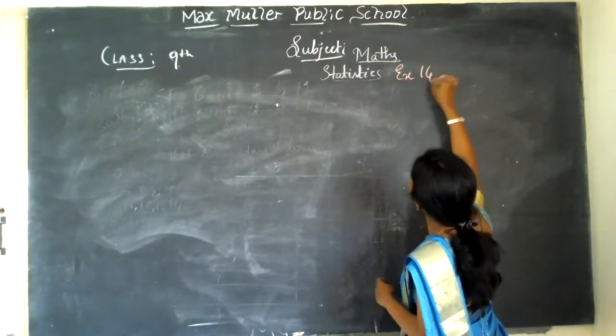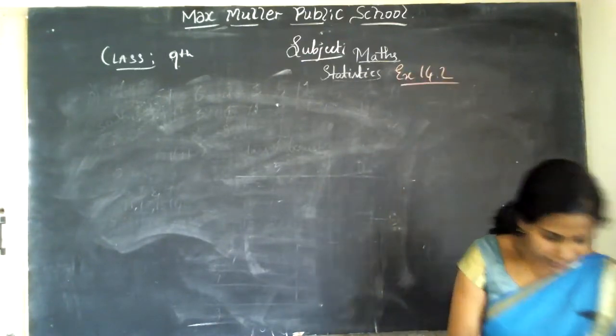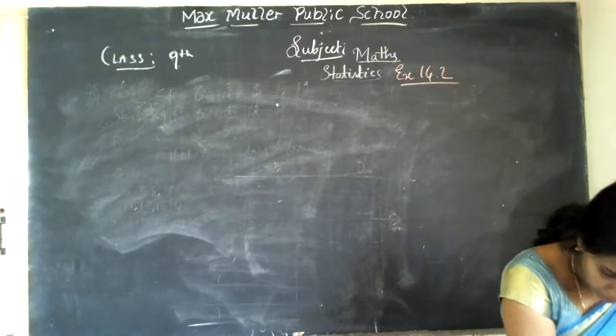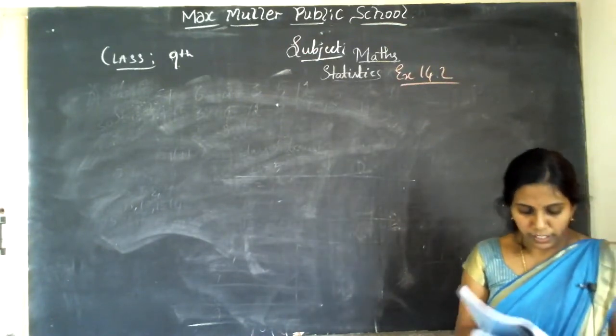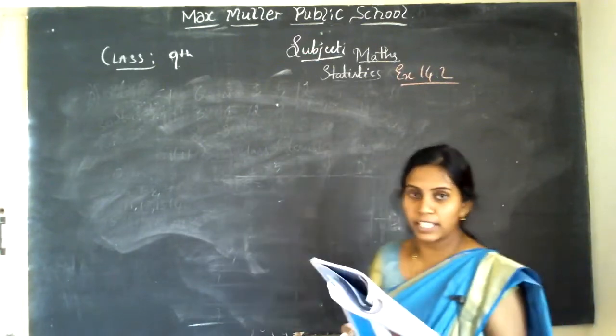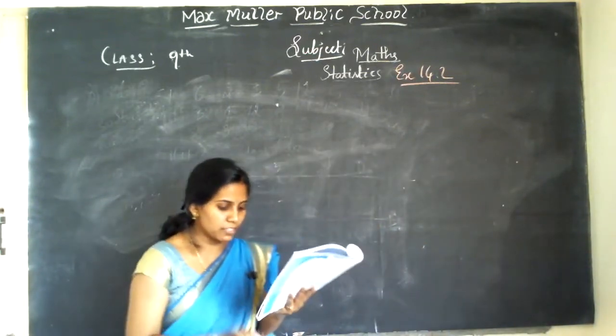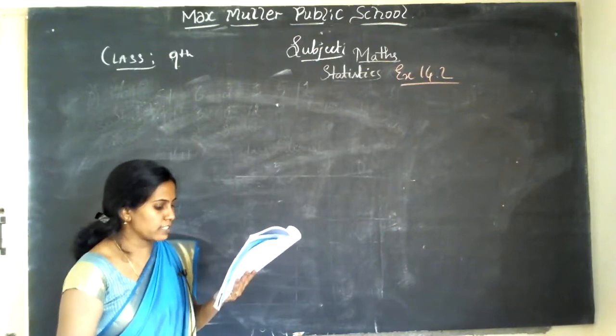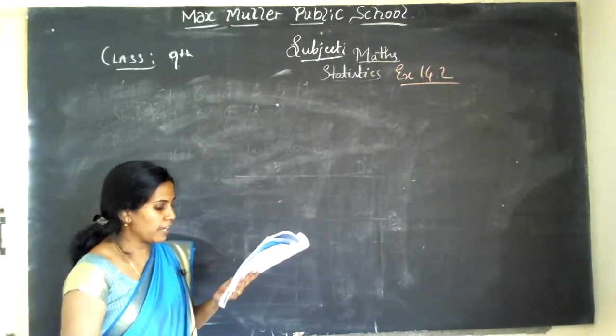Exercise 14.2, last problem, ninth one. Given a company manufactures car batteries of a particular type. The lives in years of 40 such batteries were recorded as follows.